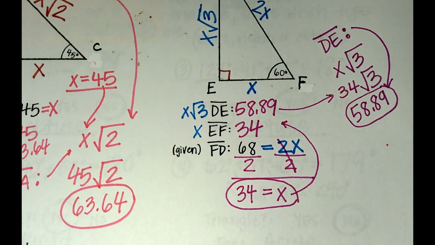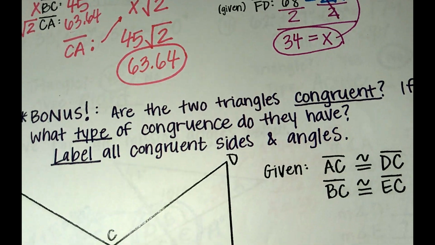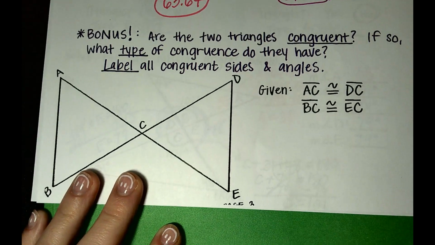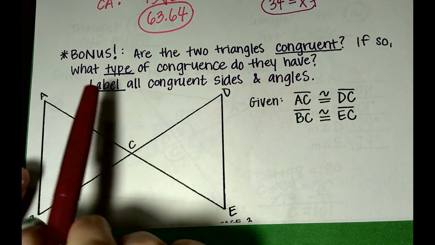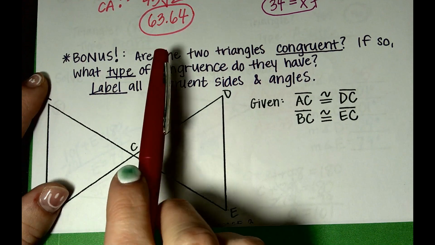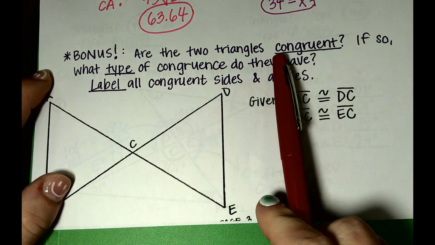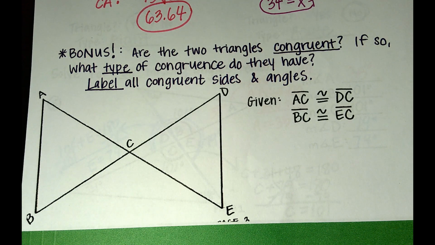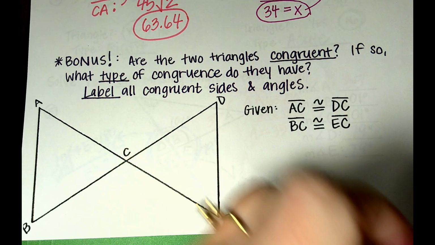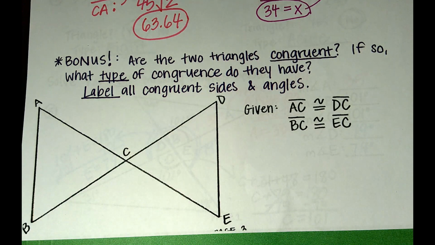Can I move this? I'll explain the bonus really quickly to you. So bonus is something I've never shown you before. The question here says, are the two triangles congruent? Does anybody know what congruent means? The same, equal. Congruent just means, are they the same?